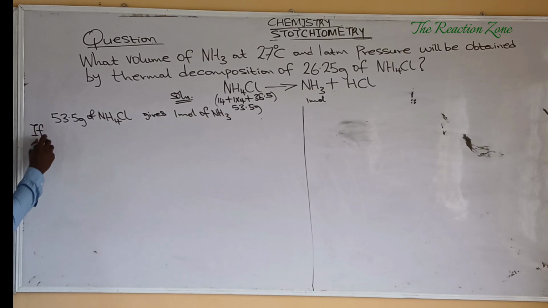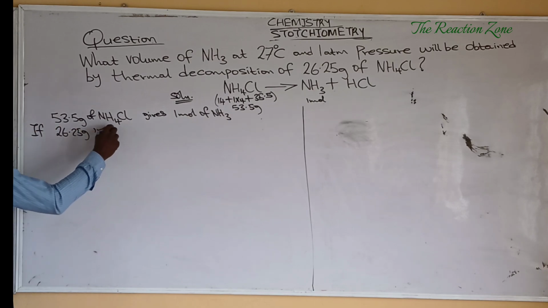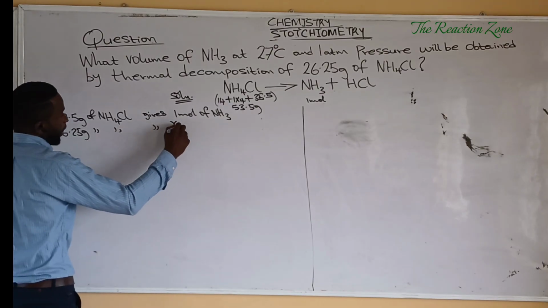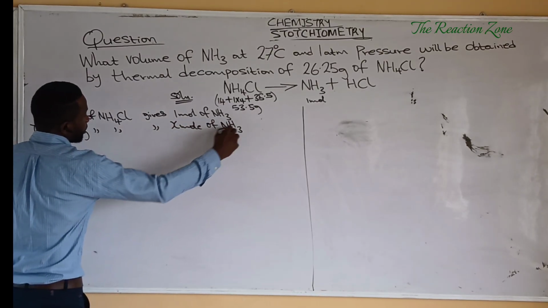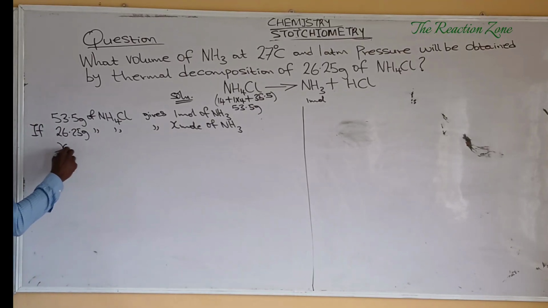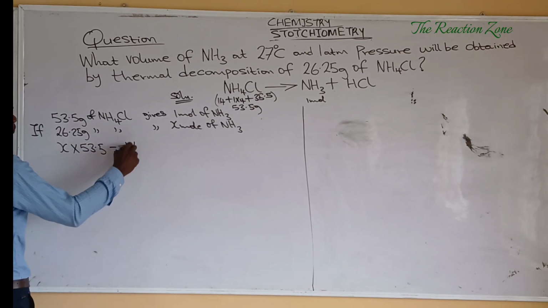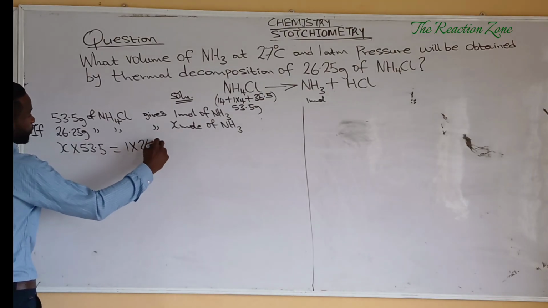So, if 26.25 grams of ammonium chloride gives X moles of ammonia, and we cross multiply, that is going to be X times 53.5 is going to be equal to 1 times 26.25.